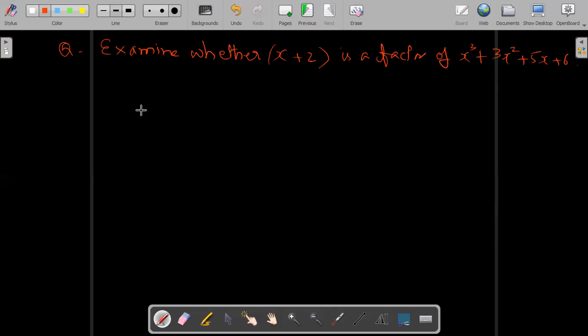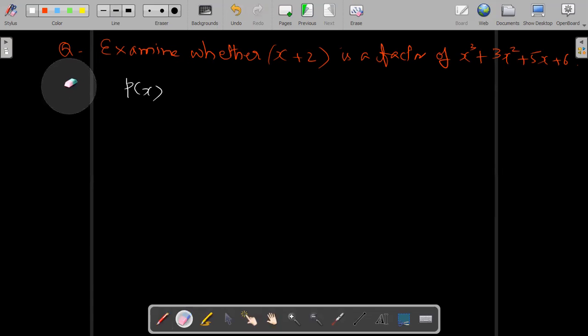So the procedure is the same. The solving procedure for the remainder theorem and factor theorem is the same. So what we will do here, you can write in the starting what is px here.